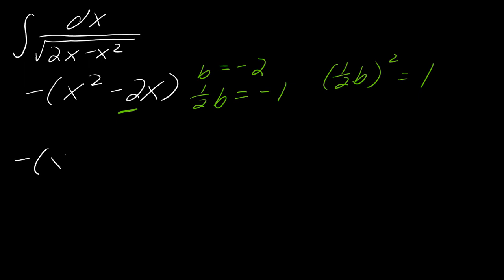And then, just watch this now. I'm going to bring this 1 right into here, okay? Now, I don't want to upset the apple cart in that I don't want to bring a new value into this. I want to keep the overall value of this expression the same.